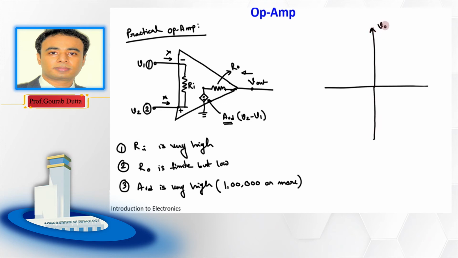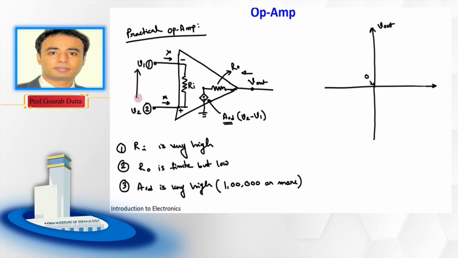Here we have V output and here we have V input, and this is the zero voltage for both input and output. The op amp output voltage depends on the difference between the two input voltages.